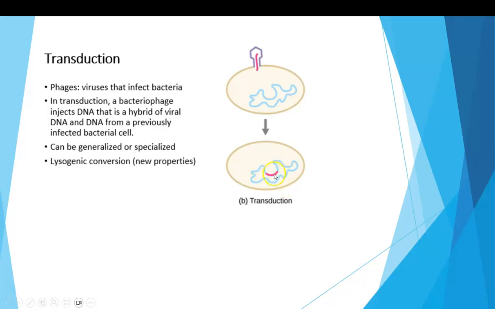Then imagine this virus has some specific genes giving specific characteristics, for example production of toxins, which actually happens in diphtheria bacteria. With this they can get new characteristics that they didn't have previously. So transduction is the genetic diversity that can happen in prokaryotic cells with the help of bacteriophages, which are a type of virus.